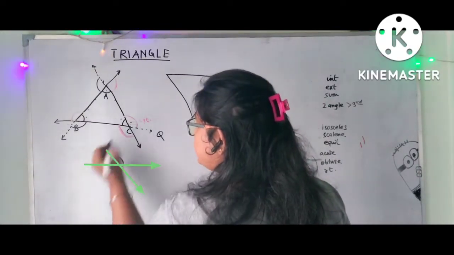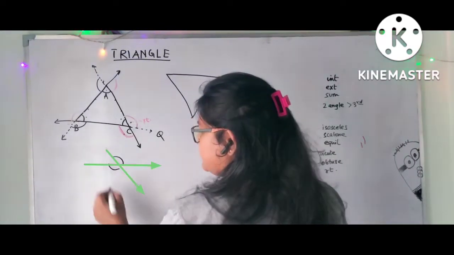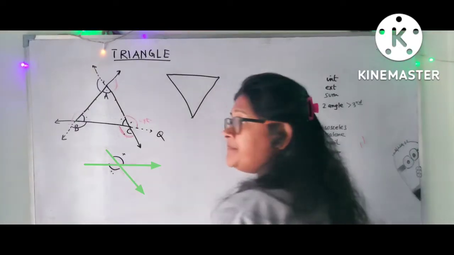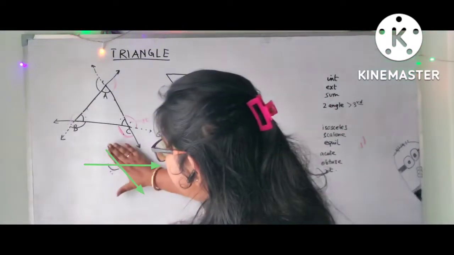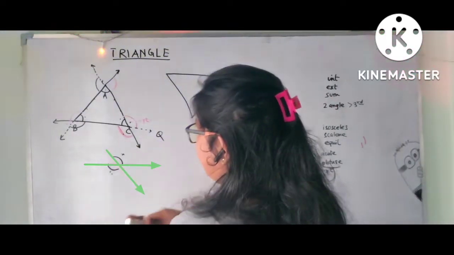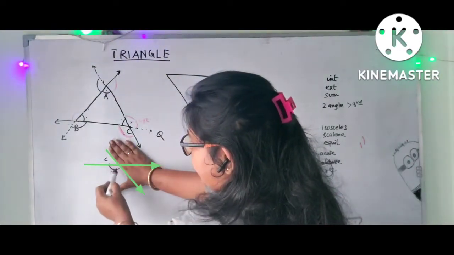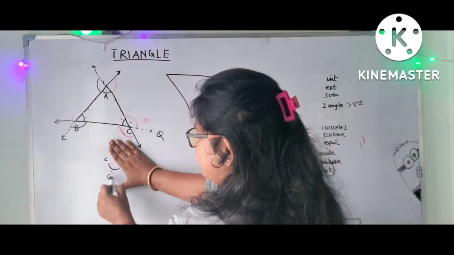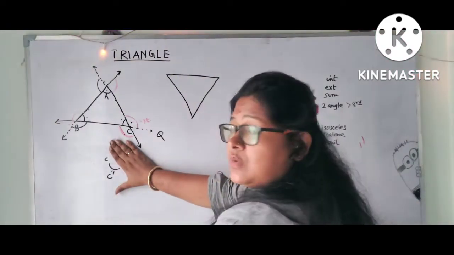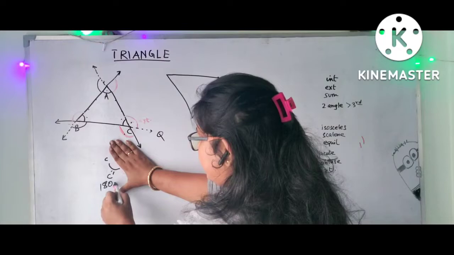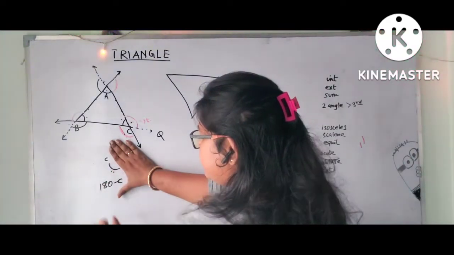This one for this and this one for this. That means these two angles are the same. So if this angle is C, my linear pair for this is C dash, that is 180 minus C. This will become 180 minus C.